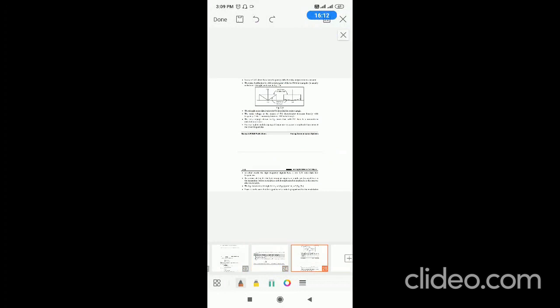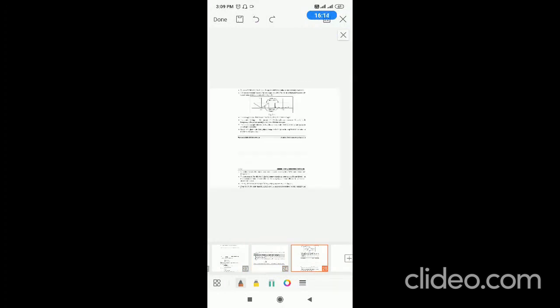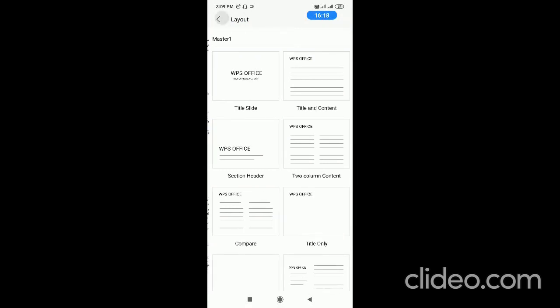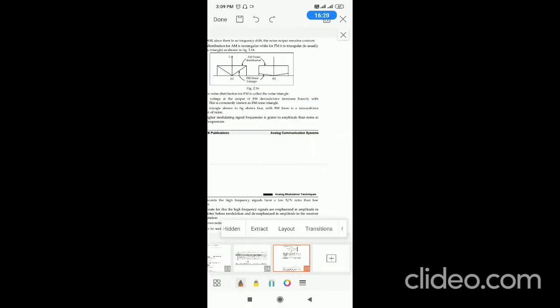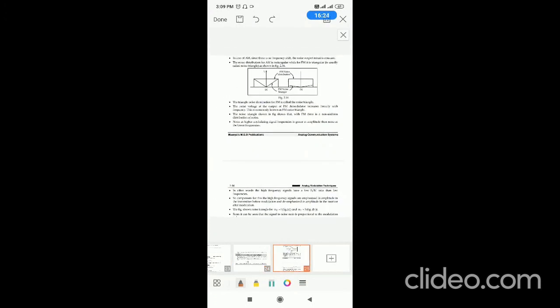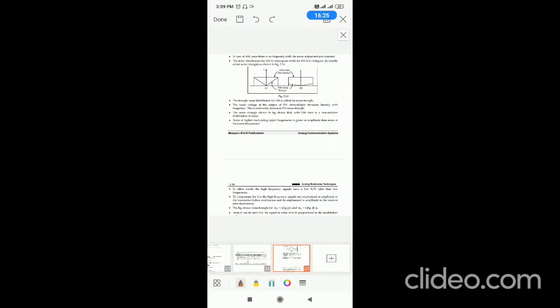The next one is the noise triangle, right? What is the noise triangle? The distribution of noise in FM is in the shape of a triangle, compared to AM.